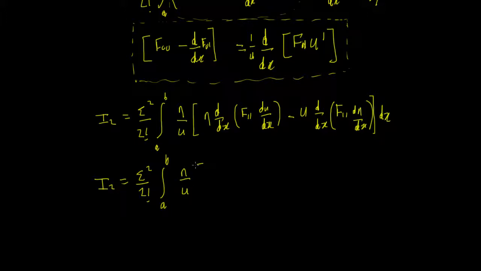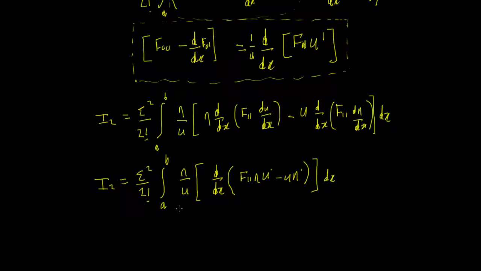Eta upon u, d by dx of f11 times eta u derivative minus u eta derivative. Okay, there's a bracket for that one there, all by dx.